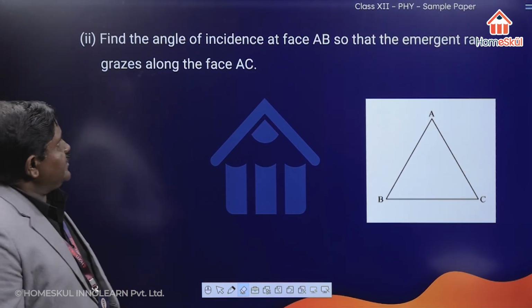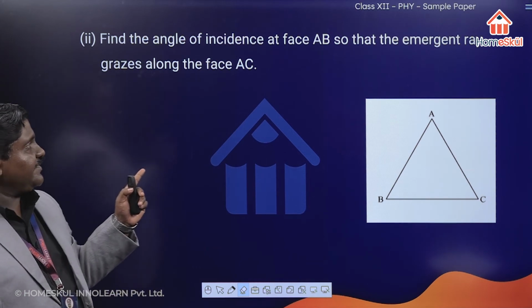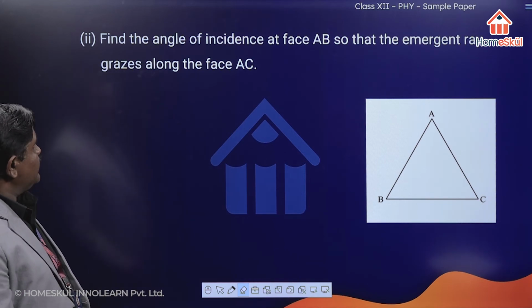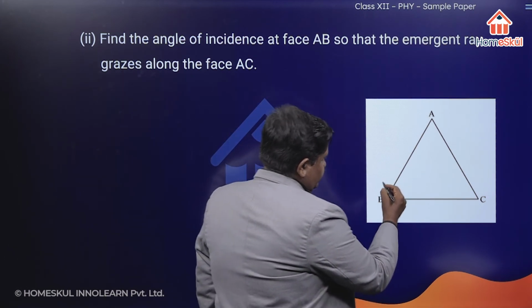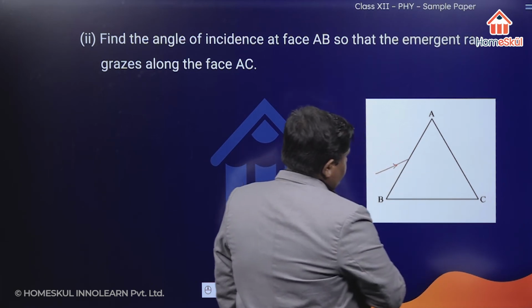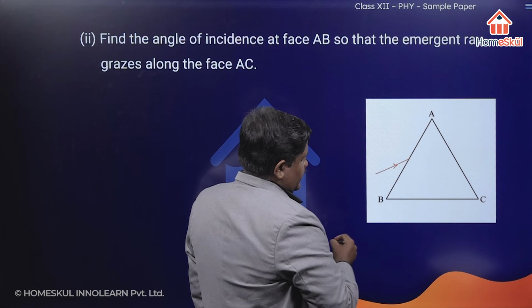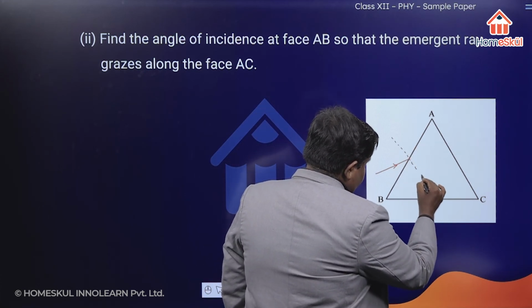Find the angle of incidence at face AB so that the emergent ray grazes along the face AC. Here we have to find out the angle of incidence. For that, we have to draw the ray diagram. Okay, see, let us consider a ray which is incident on the face AB. Now we have to draw the normal here.